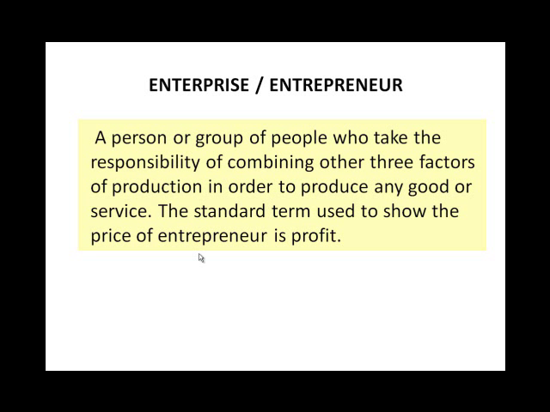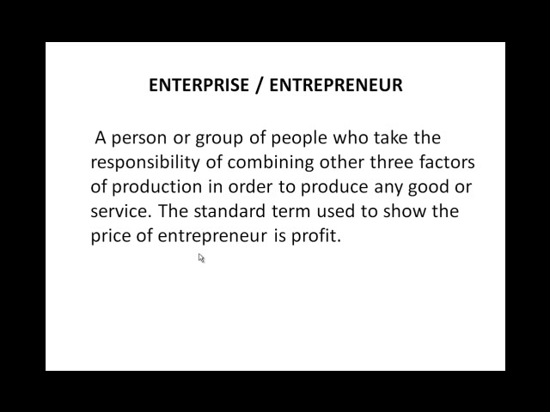The nature of entrepreneur as a factor of production is quite different from the nature of the other three factors of production. So far as land, labor, and capital are concerned, the entrepreneur employs them and gives them the reward. But in spite of all his efforts, there is a chance that by the end of the day he is not going to earn anything, or maybe he is bearing a loss. The other three factors of production offer their services, they are employed, and they get money.